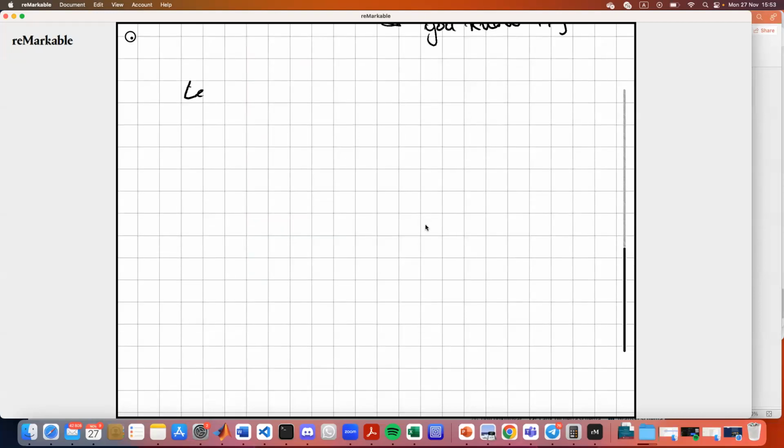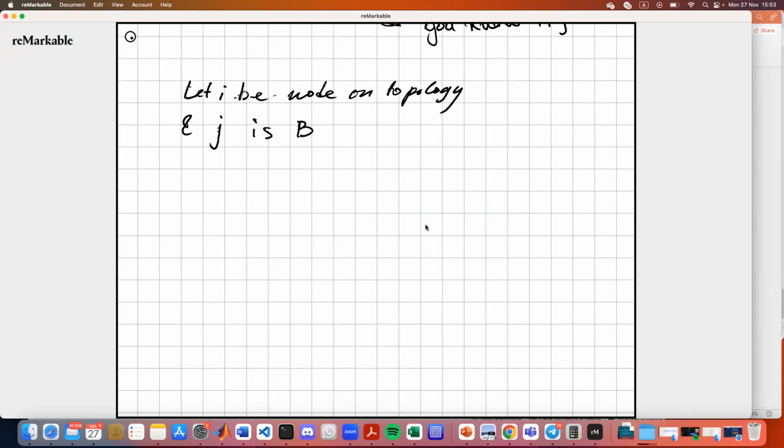So let I be the node on the topology, and J is the new best matching unit.